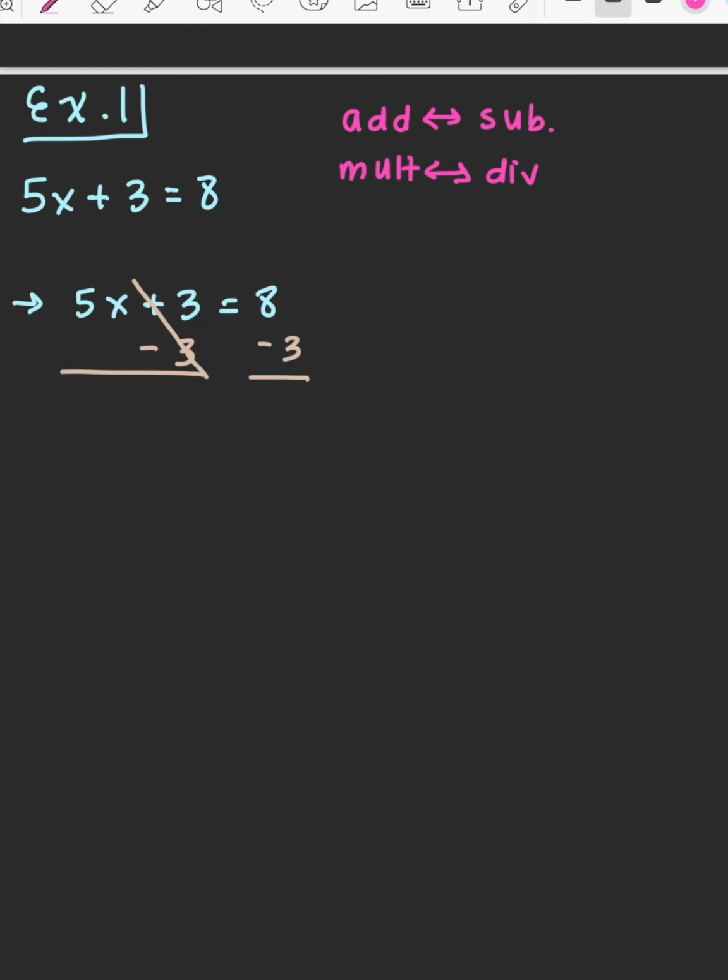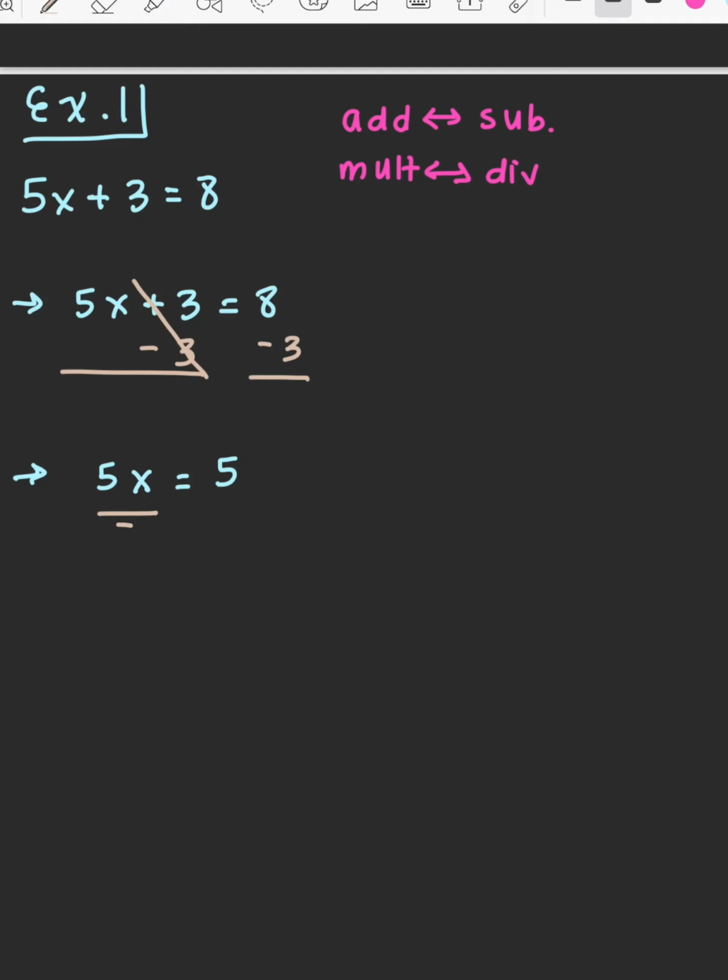And we can rewrite this equation right here as 5x equals 8 minus 3, which is 5. Now, we notice that the variable x is being multiplied with 5. And so here we would divide by 5. We would do the opposite operation.